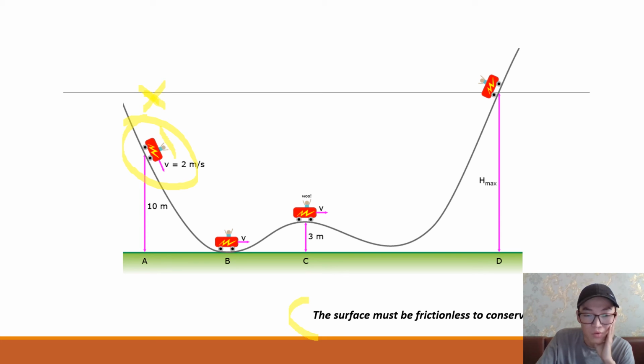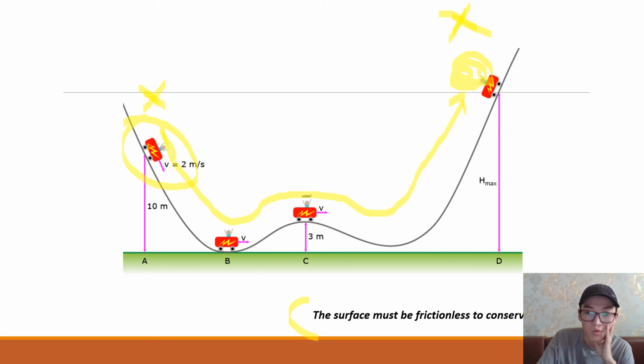We are launching with total mechanical energy, and if our surface is frictionless, it will go like this, and here it will have the same amount of total energy, the same amount of mechanical energy.